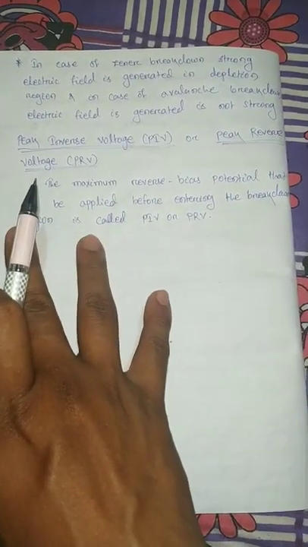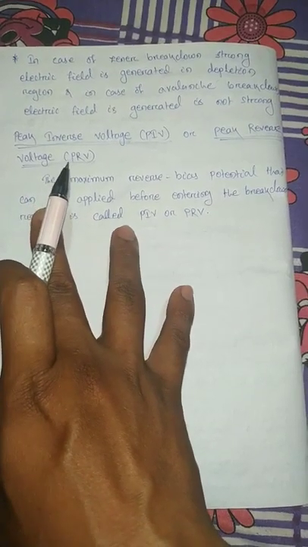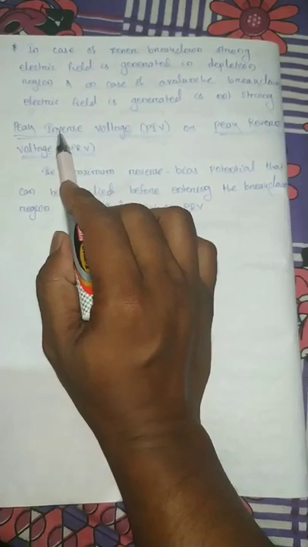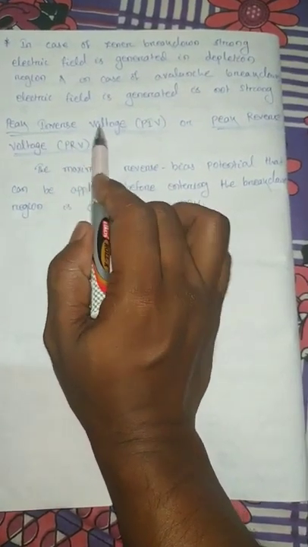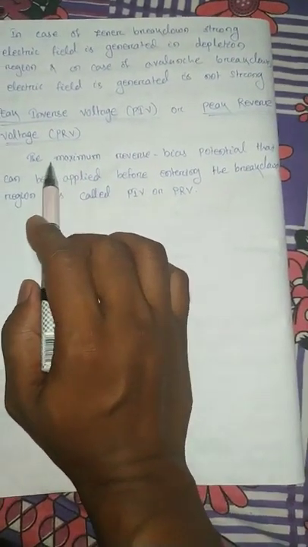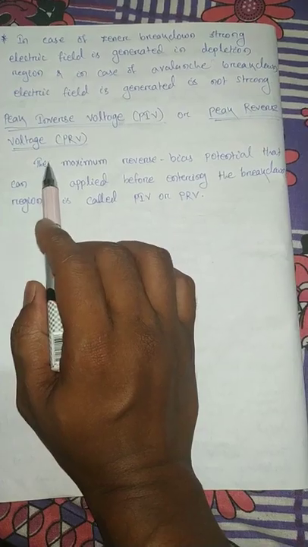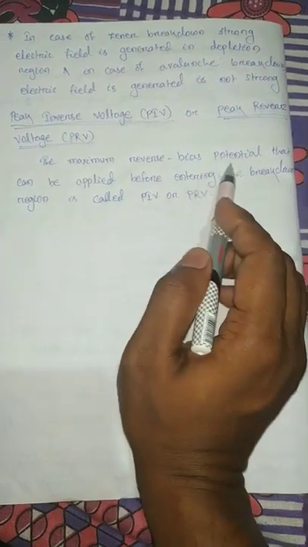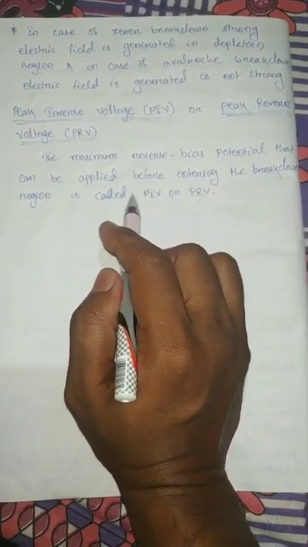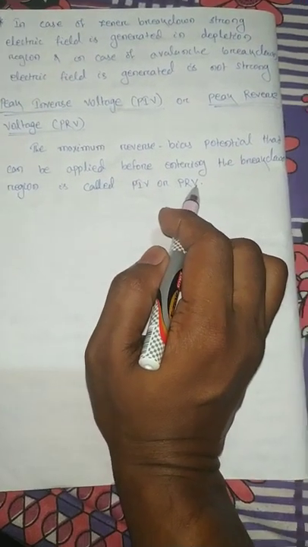From this discussion of the breakdown of the diode, one important term comes up, that is peak inverse voltage or peak reverse voltage, PIV or PRV. What is this term? The maximum reverse bias potential that can be applied before entering the breakdown region is called peak inverse voltage or peak reverse voltage.